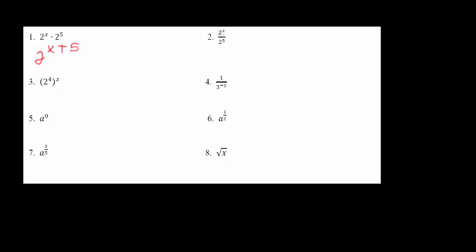And right here on example 2, I have 2 to a power divided by that same base of 2 to a different power. So I keep the base and subtract the exponents. Now when you have a base raised to a power like 2 to the 4th, and then the whole entire thing is raised to a power, you keep the base and multiply the exponents.